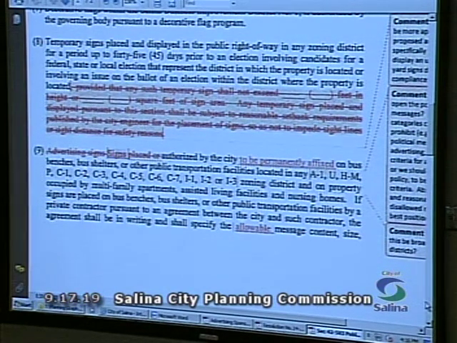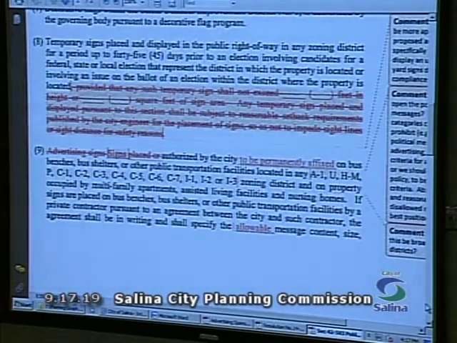One of the things that we discussed before the meeting with representatives of OCCK is that we would like to try to get to you an inventory of the existing bus bench signs and then match those up with the zoning district in which they are located, because we didn't want to have you recommend any action on something that might have the inadvertent result of prohibiting a bus bench sign that might already be up.